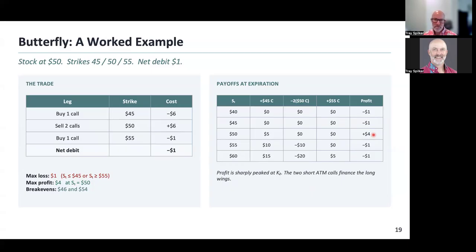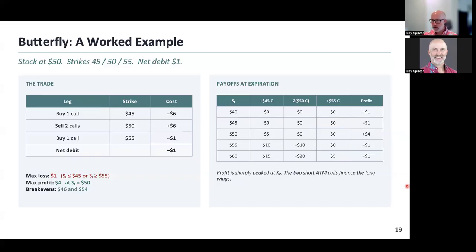It's pretty popular around index option expirations, for example, because indices don't move as much as underlying stocks. So it gives you kind of like a lottery ticket characteristic for taking a low volatility view.